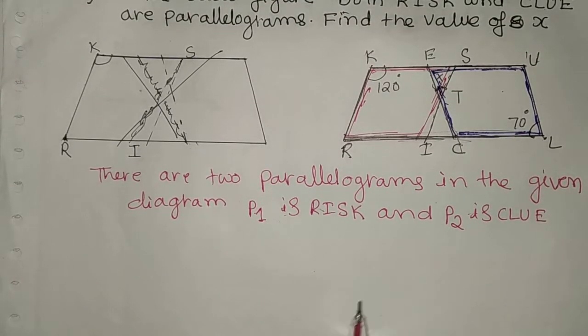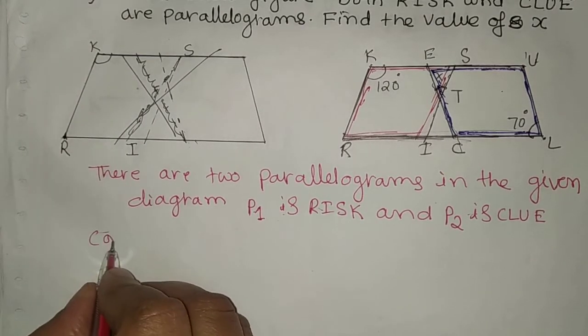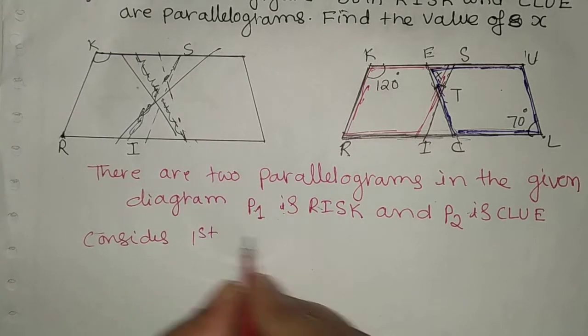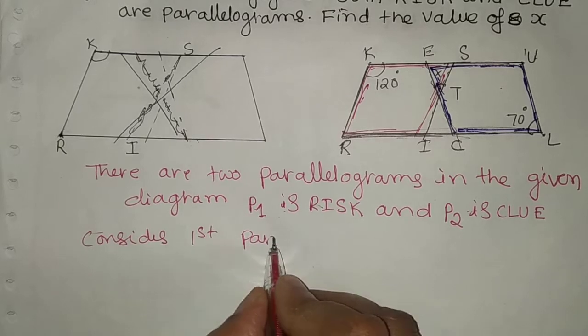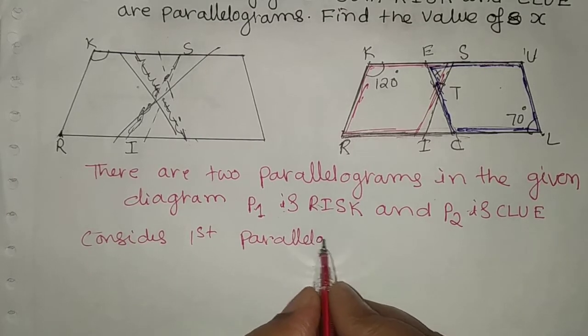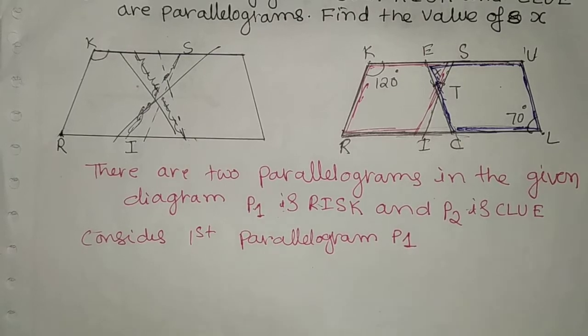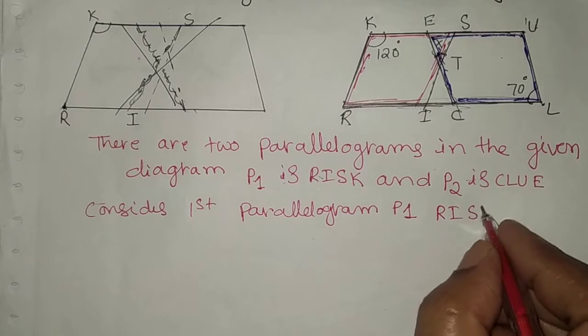So next step is consider the first parallelogram P1, which is RISK.